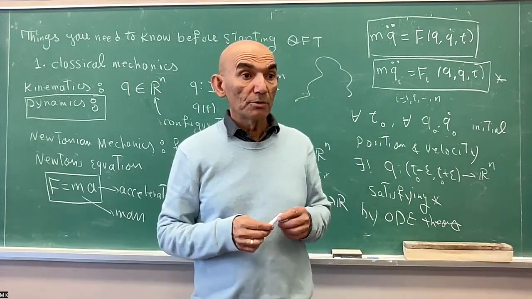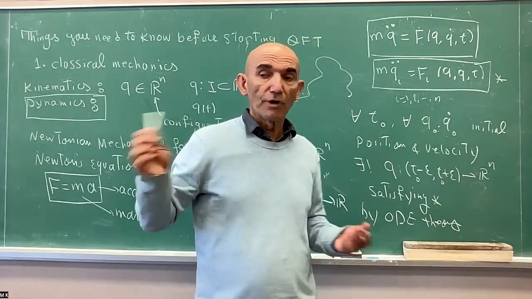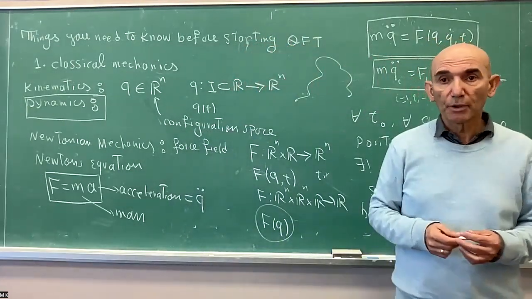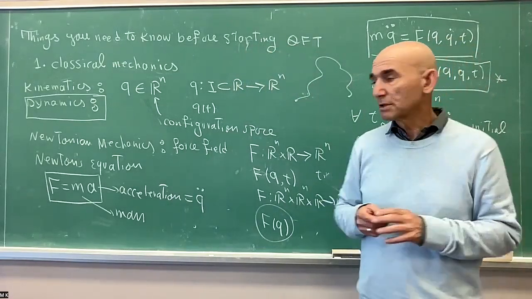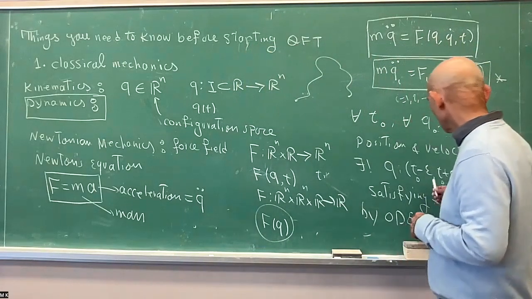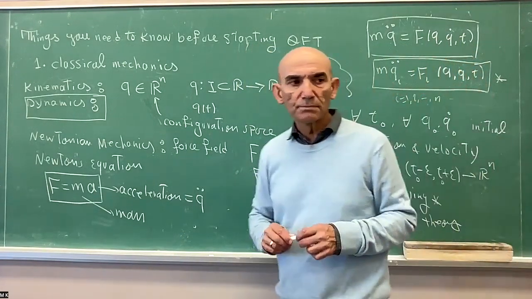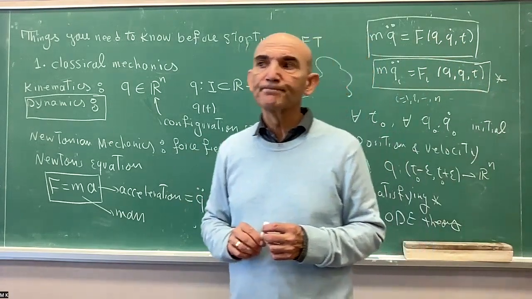We may not be able to say that this can be continued for all times. Things may happen, for example, a collision may occur in finite time. But at least in some interval around t0, the problem has a unique solution.